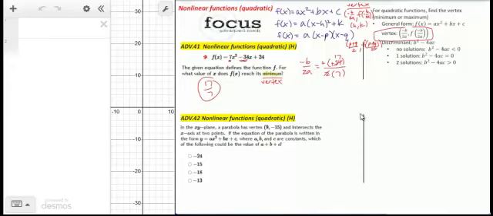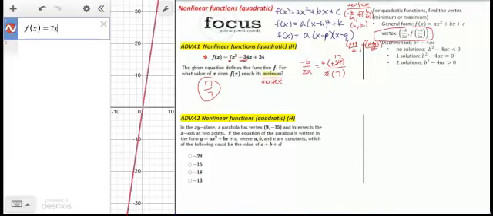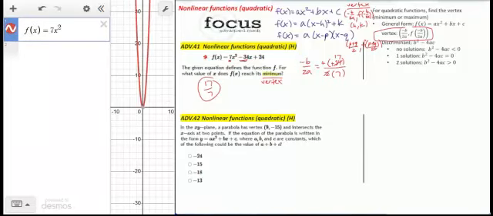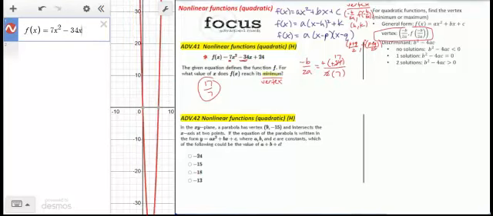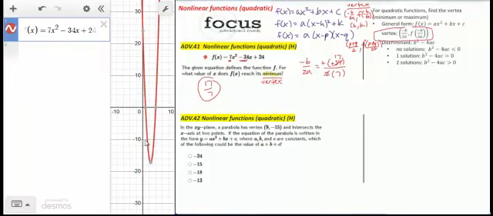Now, you can also answer this question by using Desmos here, and if you use Desmos, what you could do is you could just type your equation directly into the calculator. And if you click on the vertex, you see that your answer is 2.429.